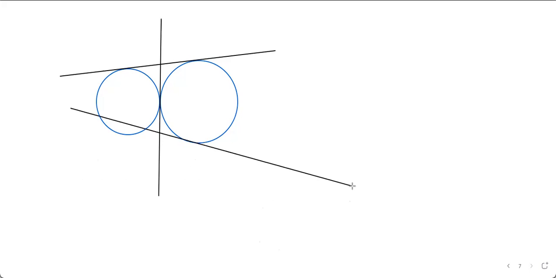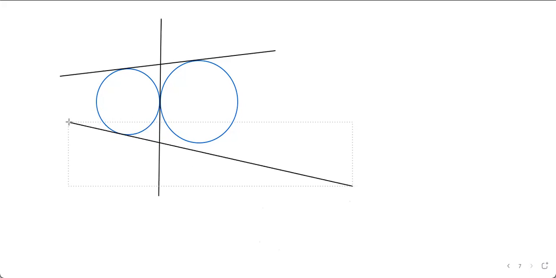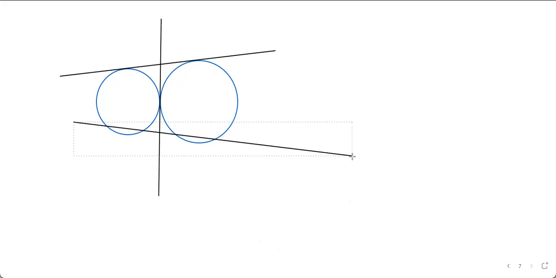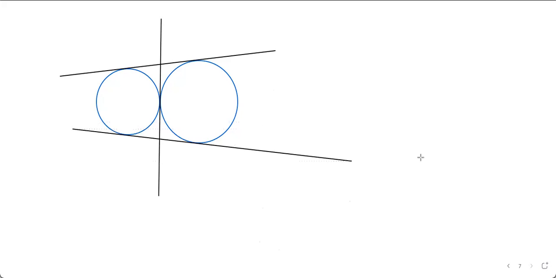I'm very sorry, I'm not able to draw this properly. I'm still trying. Okay, now it will probably work. Yes. These are the 3 common tangents when the circles are touching each other externally. Answer is 3.